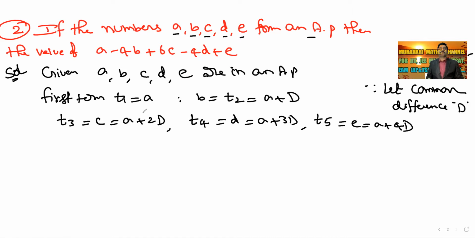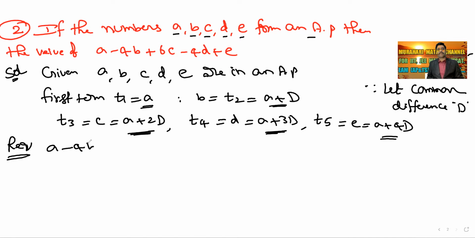So first term T1 is equal to A. T2 is equal to A plus D. T3 is equal to A plus 2D. T4 is equal to A plus 3D. T5 is equal to A plus 4D. Now, what is required?